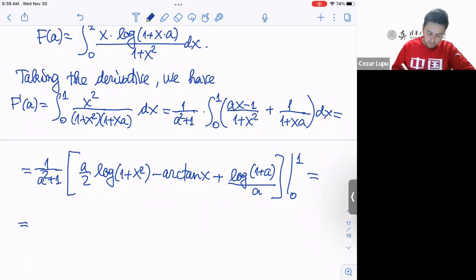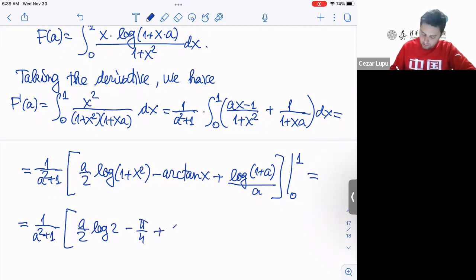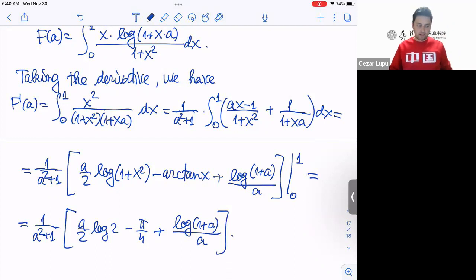1 over a squared plus 1 times a over 2 ln of 2 minus pi over 4, plus, this is a constant, log of 1 plus a over a. Okay, great. That's what we get.